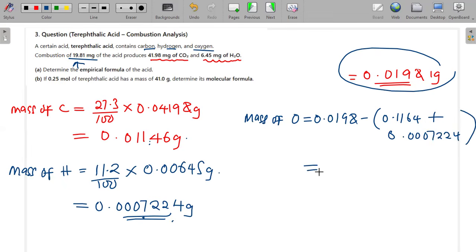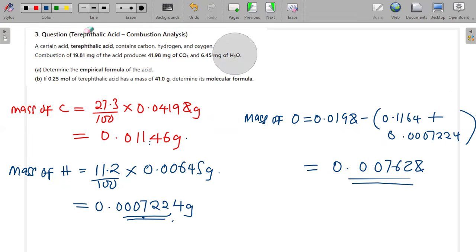Okay, I just punch this on my calculator now. The mass of oxygen will simply be 0.00768. So I've now found the masses of carbon, hydrogen, and oxygen. I found everything.